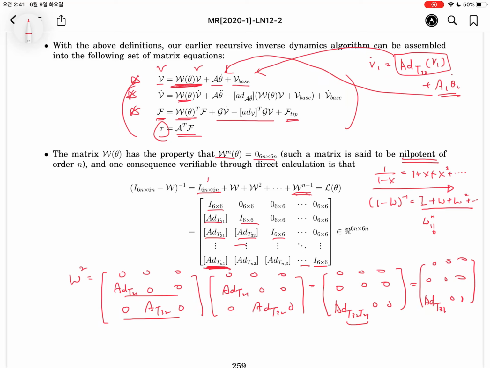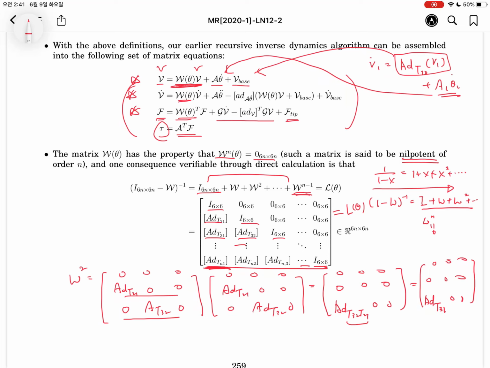So by adding every term, we'll have this matrix. It's very easy to understand and memorize in your mind. So it's a very useful equation. Let's denote this as L(theta), because it depends on the configuration.